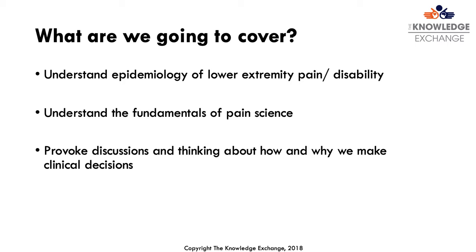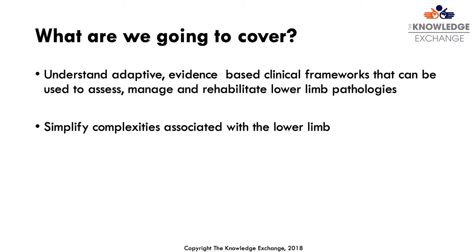Through doing this course, we hope that you can gain a further understanding around the epidemiology of lower extremity pain, an understanding of the fundamentals of pain science, give everyone an opportunity to discuss and think about how and why we make clinical decisions, understand adaptive frameworks that can be used to assess, manage and rehabilitate lower limb pathologies, and finally, find other ways to simplify complexities associated with the lower limb.